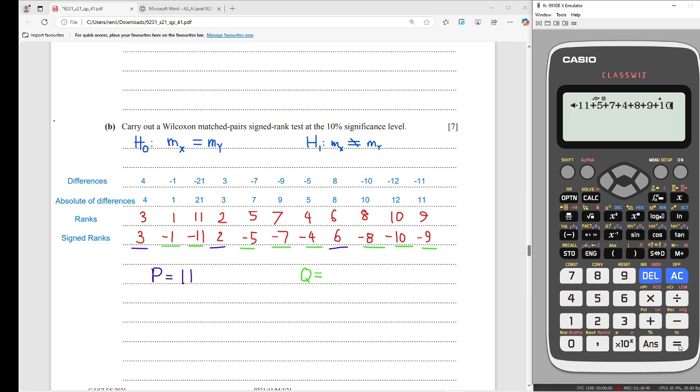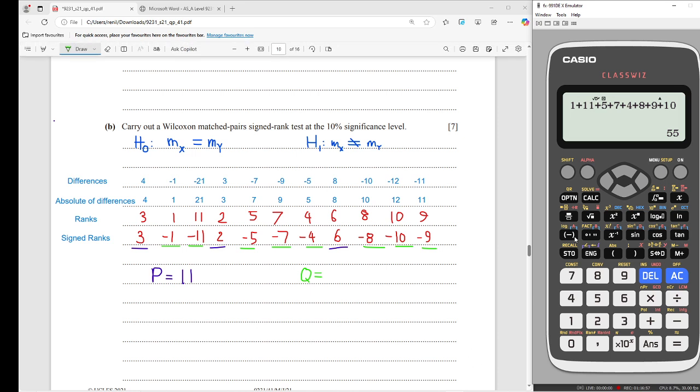Or you could use the summation of series formula with sample size n equals 11: 11 times (11 plus 1) divided by 2, which gives you 66, the sum of all the values from 1 to 11. Given that P equals 11, Q equals 66 minus 11, which is 55. So it makes calculation all the more easier.